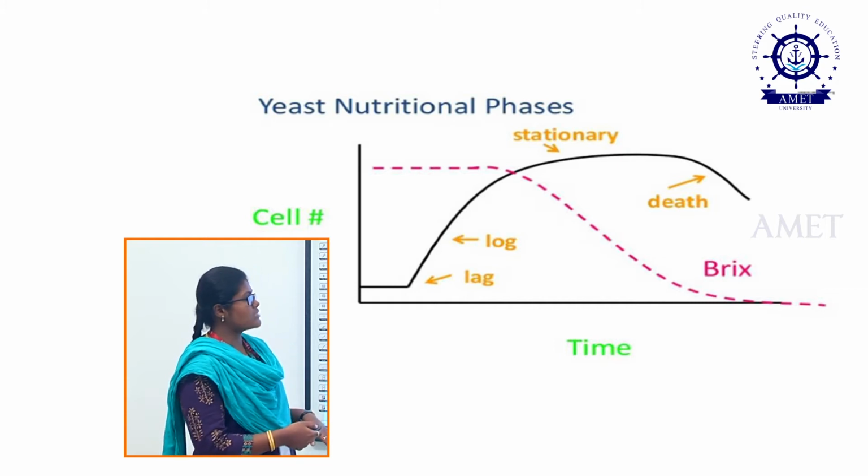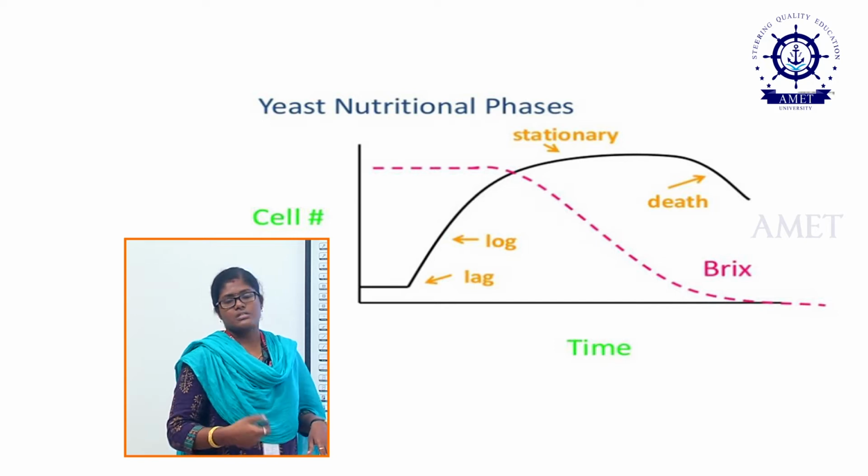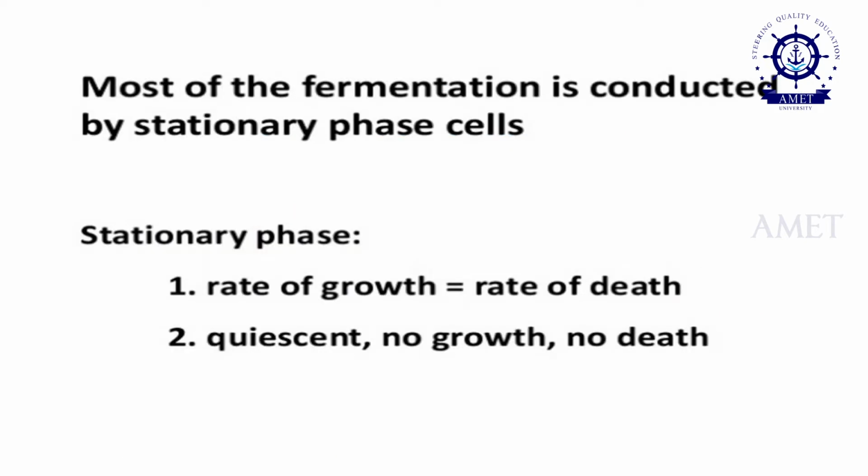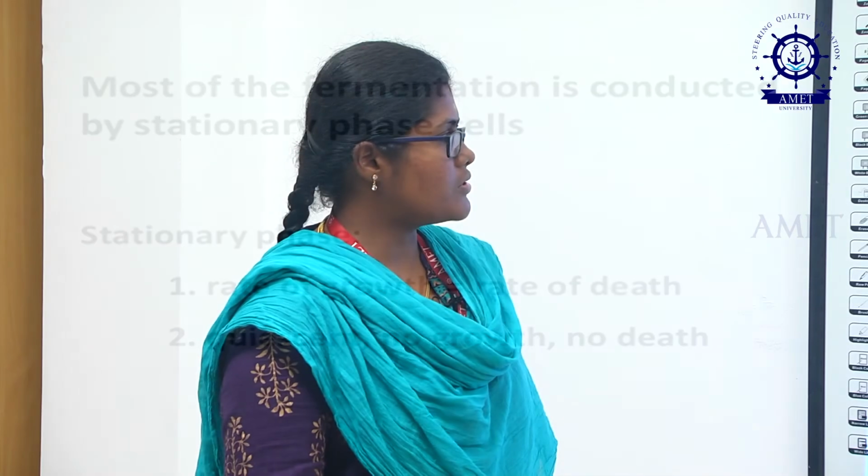The final stage is the death phase, where the yeast starts dying out. Most of the fermentation is done by the stationary phase cells. In the stationary phase, the rate of growth is equal to the rate of death, so no net death and no net growth occurs.